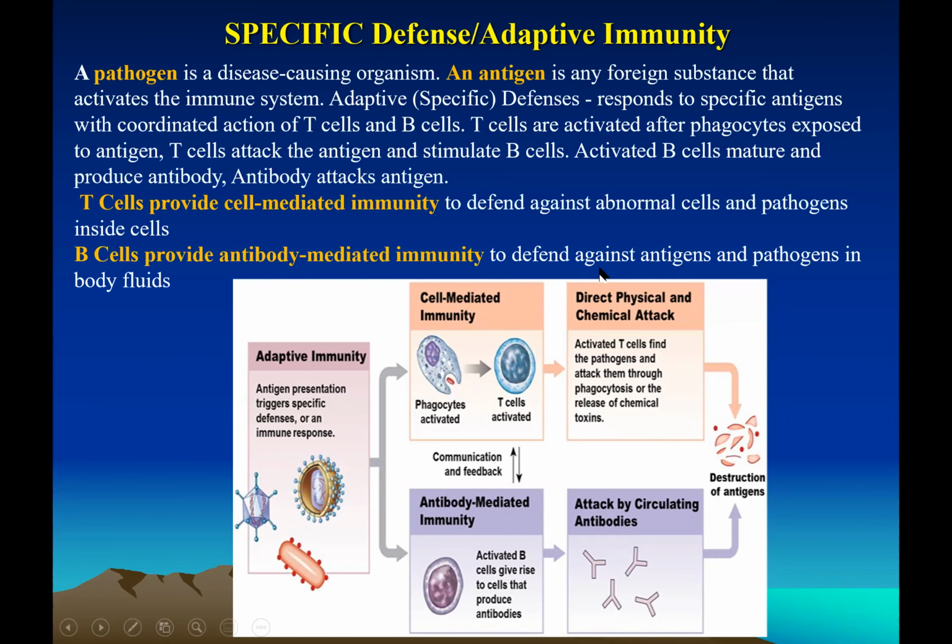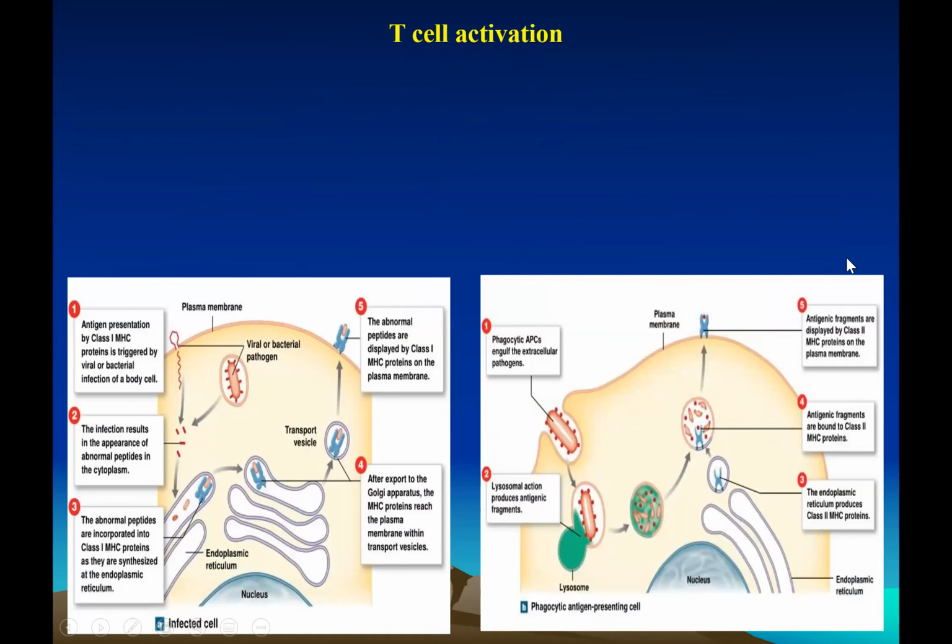So some basic terminology is written on top here, but pay attention that T cells will provide cell-mediated immunity to defend against abnormal cells and pathogens that are found inside the cell. B cells will provide antibody-mediated defense against antigens and pathogens that hang around in the body fluids outside the cell.